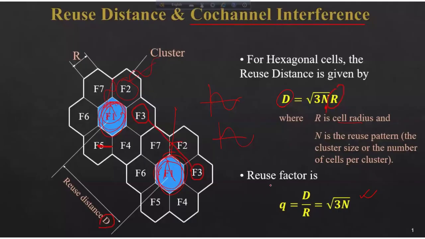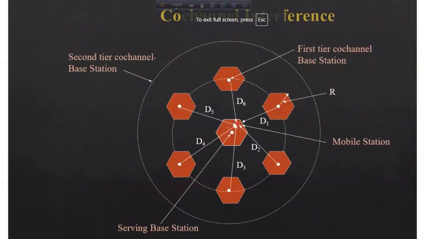But as they have different frequency sets, that interference, when the signals are using different frequencies, is known as adjacent interference. So this is the difference between co-channel interference and adjacent interference. Okay, so let's go to the next point.